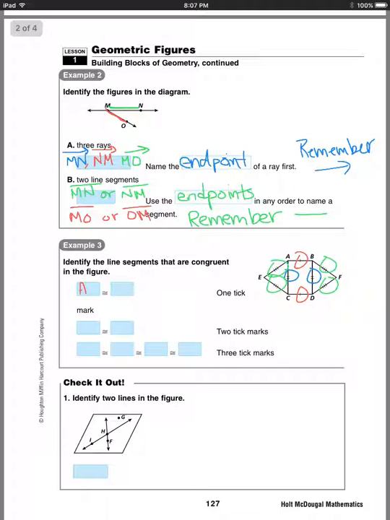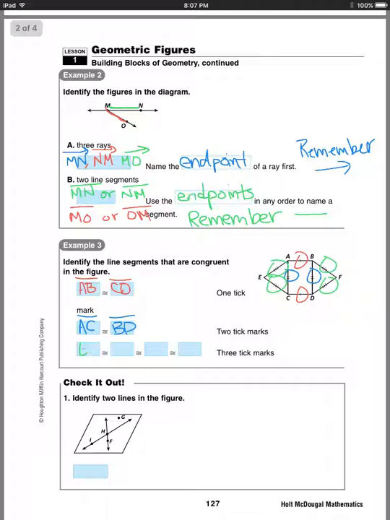So AB is congruent to CD. Okay? Now the ones with two tick marks are blue. We have AC is congruent to BD. And then we look at our green tick marks and we label all those lines. We have, oops, we need our notation up there.